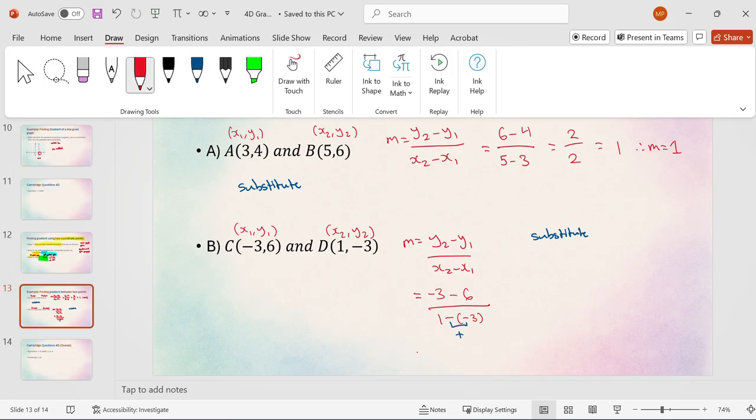So I will rewrite this fraction again: 1 plus 3. Let's simplify the numerator. Negative 3 minus 6 equals negative 9. And obviously 1 plus 3 equals 4. Now, 9 can't divide into 4 perfectly, so you can just leave it as a fraction. So your gradient is actually negative 9 over 4, and you are done, just like that.